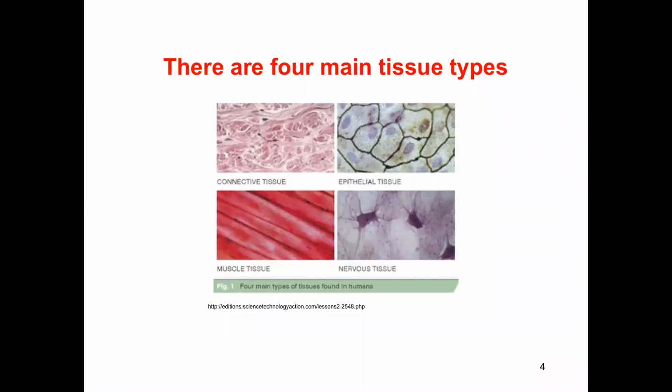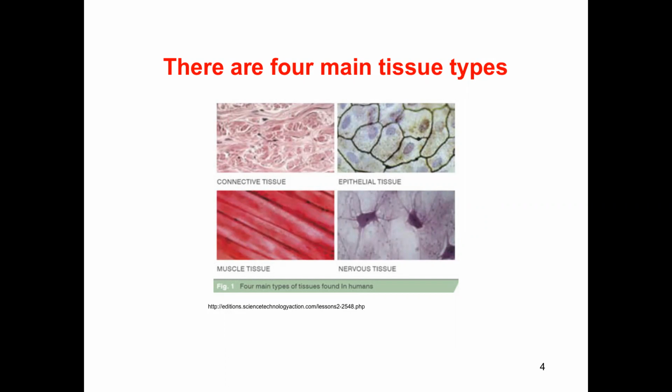So we have 4 main types of tissue: connective, epithelial, muscle, and nervous. The way we usually do this is we start off with epithelial, so that's what I'll be doing, but we're going to lead into that a little bit.